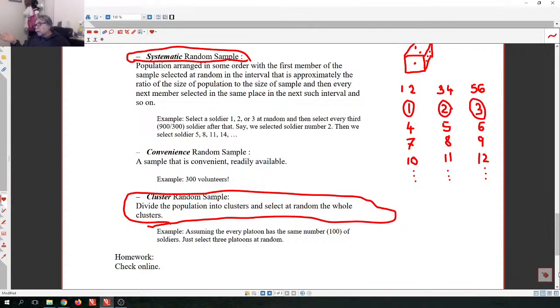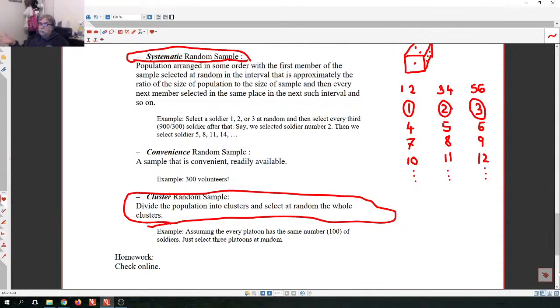But in that particular case, if you have 50 zip codes, you're not going to have enough people. So what you might do is at random select 5 of those zip codes and then get everything you can get out of those 5 that you selected. So you're randomly selecting the whole zip code.